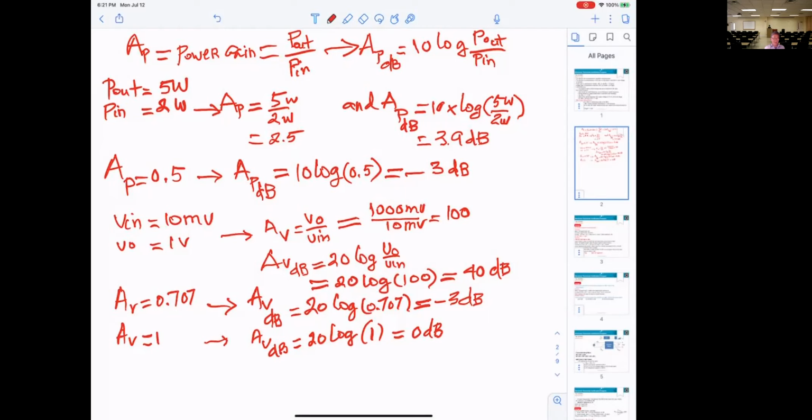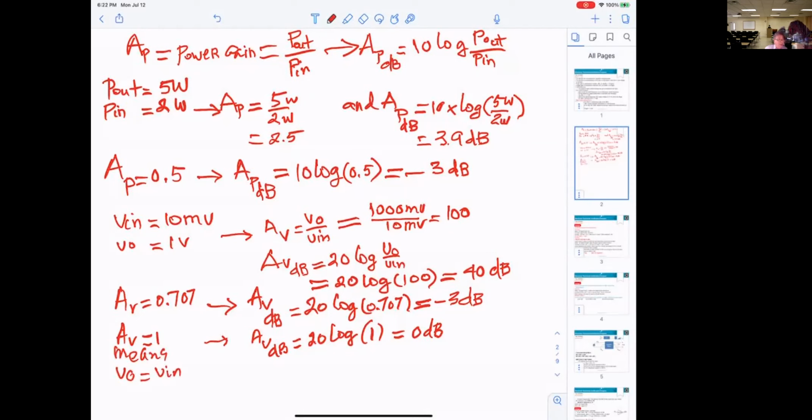Okay, now when you say AV equals 1, what does that mean? How do you understand the voltage gain equal to 1? V in equals V out. Perfect. That means V out equals V in.